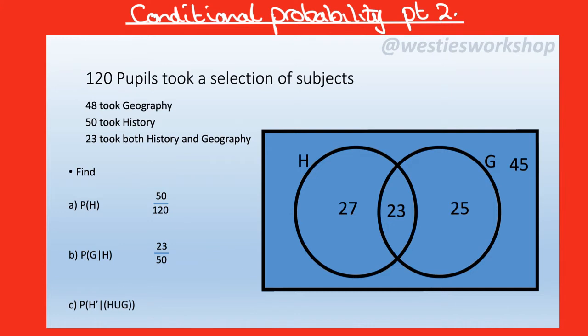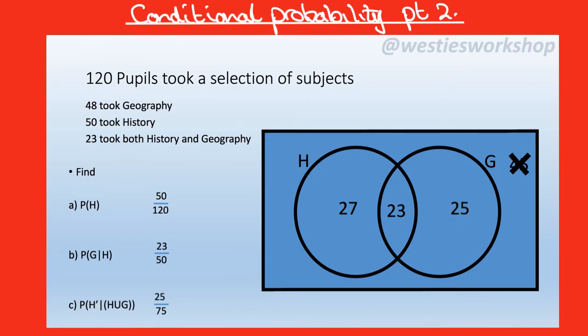C, the probability that he doesn't take history knowing that he took history and or geography. So this is out of 23 plus 27 plus 25, which is 75. Then those that didn't take history is 25.